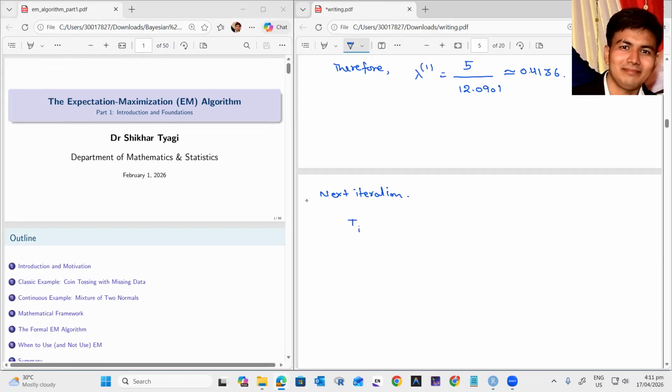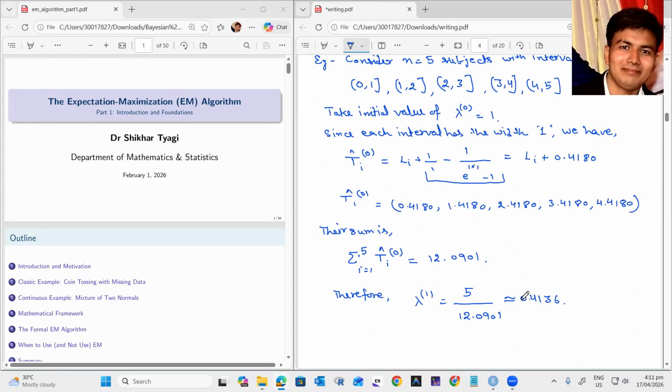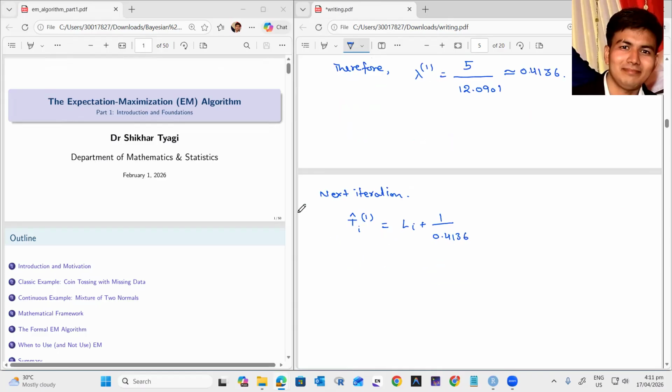we have Ti cap 1, that is Li plus 1 upon lambda 1, since lambda k will change here to this value, lambda 1, that is 0.4136, minus the width, which will remain the same, that is 1, divided by e raised to the power 0.4136 minus 1.